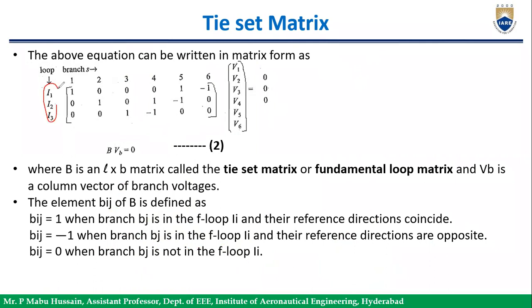So the rows are your loop currents, and the columns are your branch currents, you can say. So finally you are writing B into VB is equal to 0, and this B is a tie-set matrix.